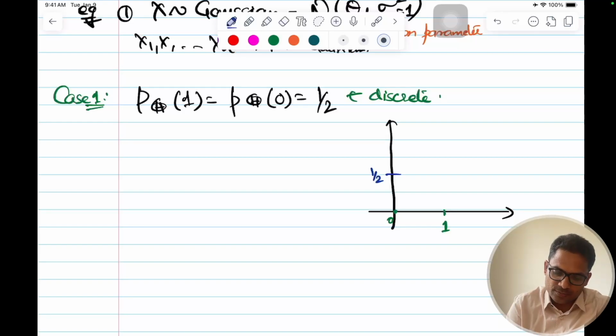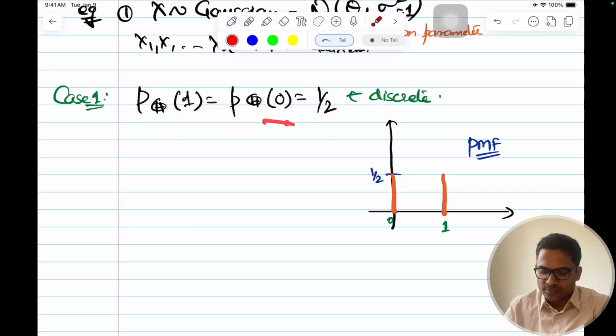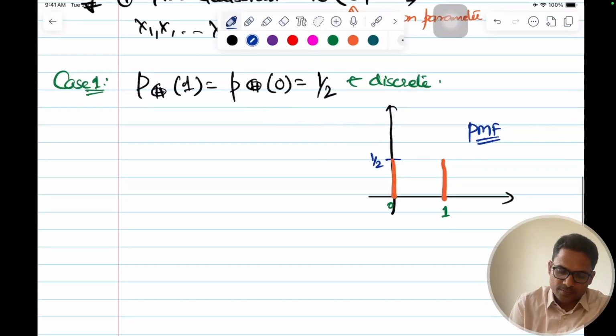So here you will have one concentration at 0, and here one concentration at 1. Both are half. This is our PMF for the discrete initial belief that both 0 and 1 are equally likely. So this is a prior.